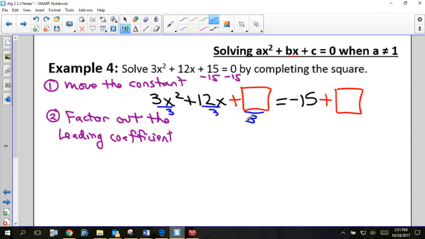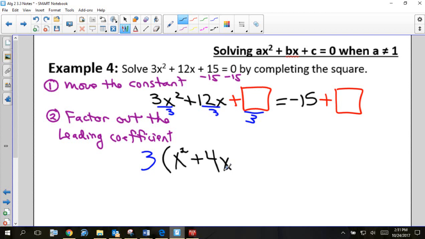See how I factored that 3 out? It's going to go in front. And we'll have inside the parenthesis now an x squared. We'll have a plus 4x. But where my square was, I don't know what number that should be to divide by 3. All I know is it's not going to be the same number.